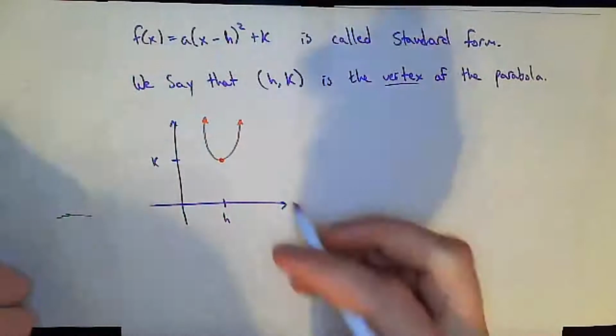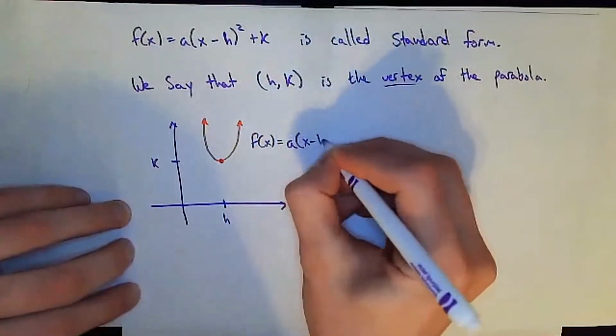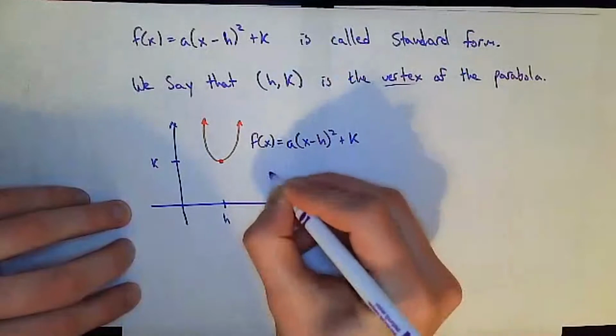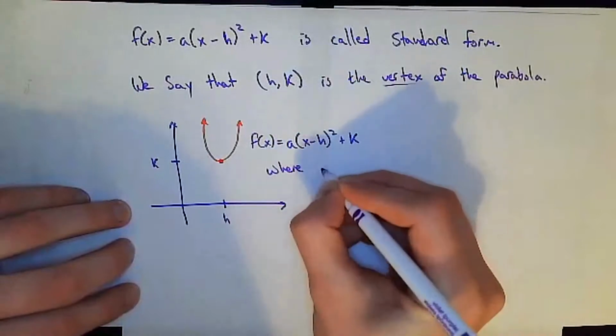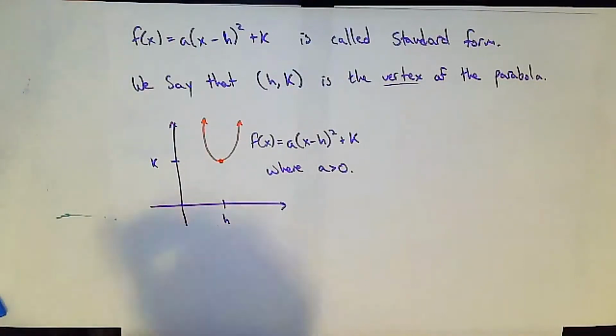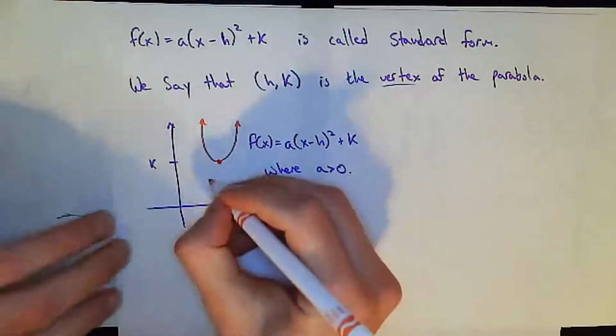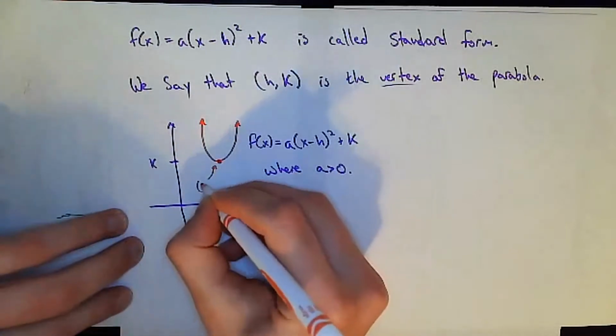This would be the case of f of x equals a times x minus h all squared plus k, where a is positive, because the parabola is pointing up. So that leading coefficient a is positive. And you see here that coordinate point h, k is the vertex.